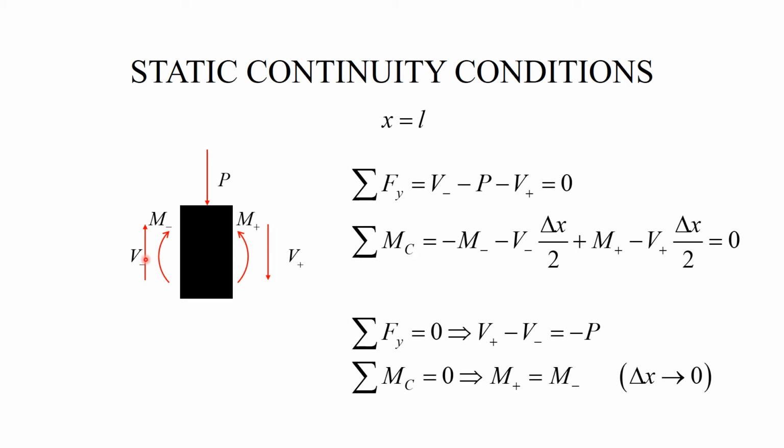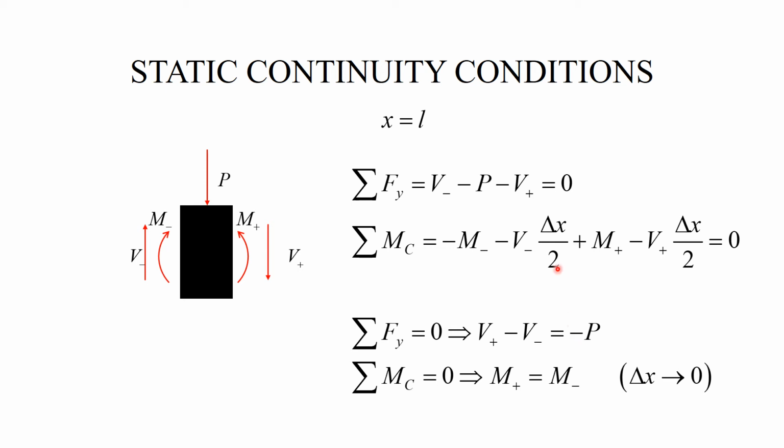It means that if I come from here, from a little bit to the left of the midpoint where the force is V minus, and transition to a little bit to the right of the midpoint, the shear forces will jump abruptly, and the jump is minus P. That's the rule we know pretty well from constructing the shear force diagram.